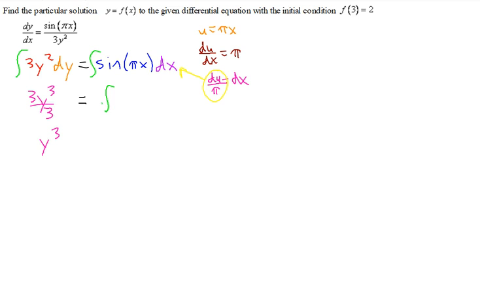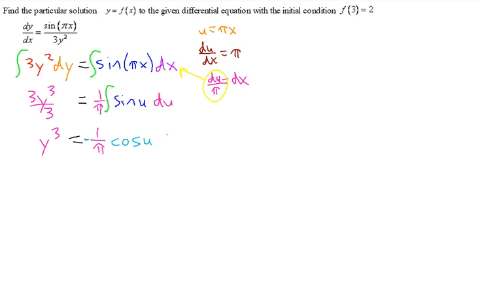Now you can write it as sine of u, and when you substitute in the du over pi for dx, the du can go here, and instead of putting over pi, you can pull the 1 over pi out in front. So then the 1 over pi would stay on the outside. When you integrate sine, you get negative cosine. So it's easier if you pull the negative out in front.